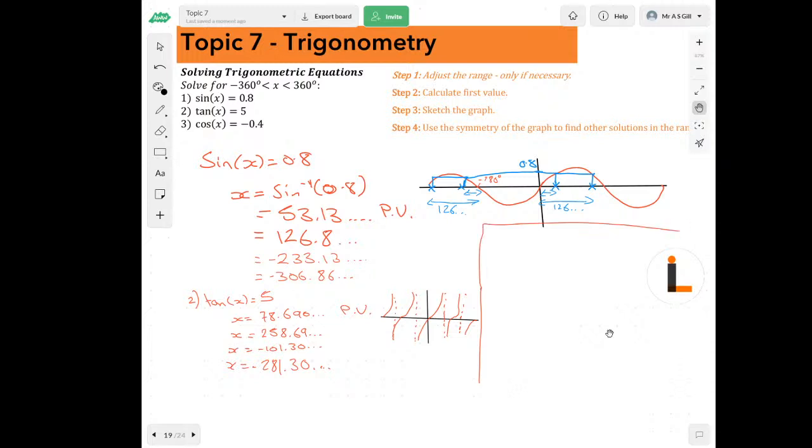Question 3, let's do that up here. So we've got these first two answers using the rules of symmetry for the cos graph.